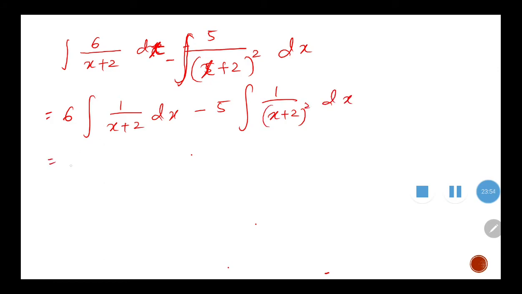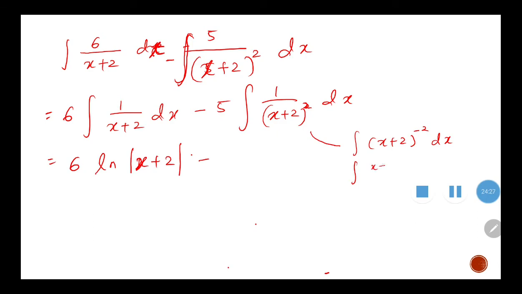So this one is clear cut, right? So 6 ln of x plus 2, whereas this one is not 1 over x, because here we have a square. So we have to do it like this: x plus 2 to the power of minus 2, right? If you integrate this, I'm going to do it the old-fashioned way, you get x plus 2 to the power of negative 2 plus 1.